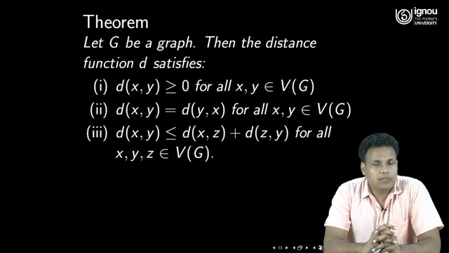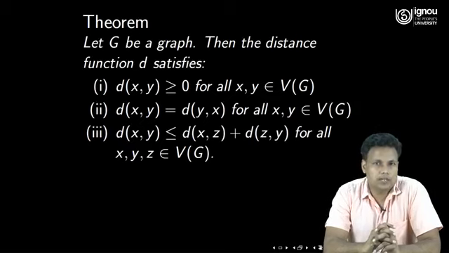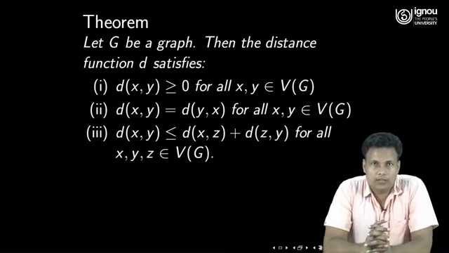Now the third property is the distance between x and y is less than or equal to the distance between x and z plus the distance between z and y, for all vertices x, y, z of the graph G. This is called the triangle inequality.